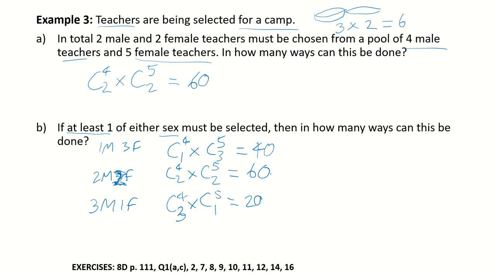So 40 plus 60 is 100, plus 20, so it's 120 in total. So there's 120 different ways of picking, if at least one of either sex teachers goes on the camp. So hopefully you followed that.